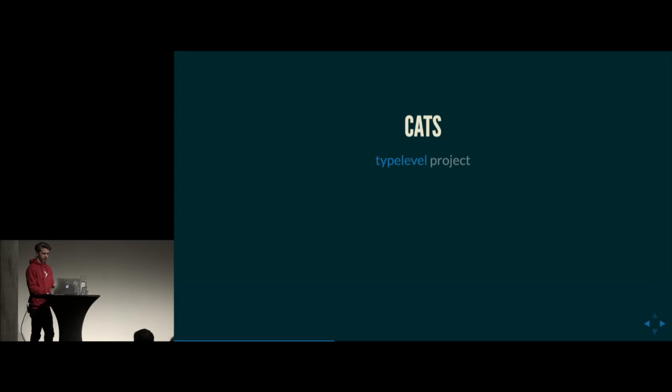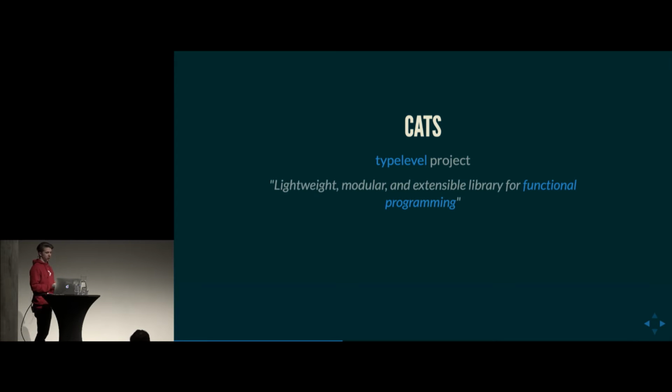So Cats is a Typelevel project. Typelevel is an organization that builds open source software that's easy to contribute to. And you can read the manifesto or the description on the website. But Cats is one of their projects, I think one of the most popular. Cats is described, or used to be described, as a lightweight, modular, and extensible library for functional programming. And this is inspired by Scalaz.